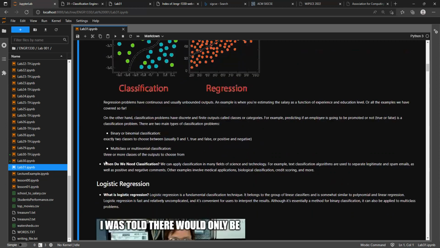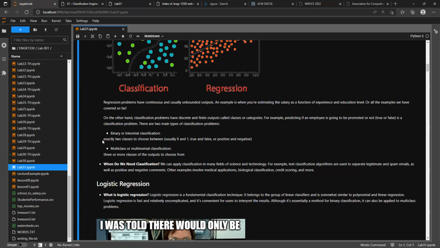There's two types of classification problems, and really, they're all the same thing. It's just that having a yes or no is so nice and so useful that we make it its own kind of type.